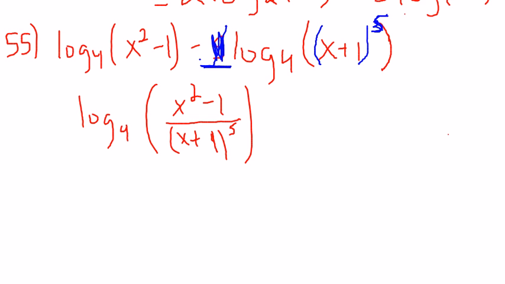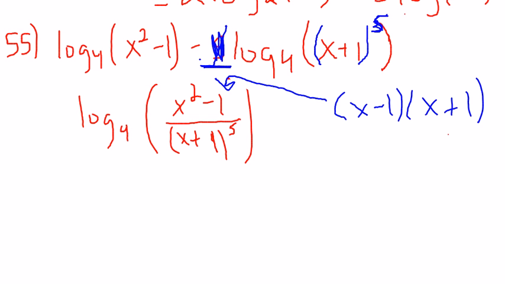You need to recognize that, let me do this in blue, that x squared minus 1 is x minus 1 times x plus 1. It factors. So that x plus 1 on the top is going to cancel with one of these x plus 1s in the bottom, leaving a fourth power in the bottom.